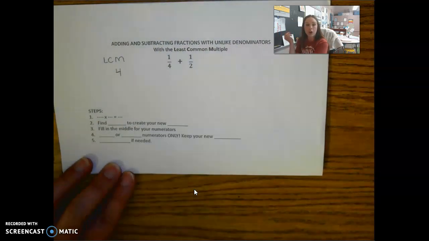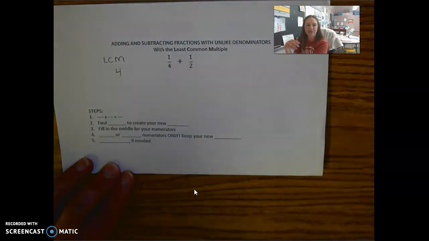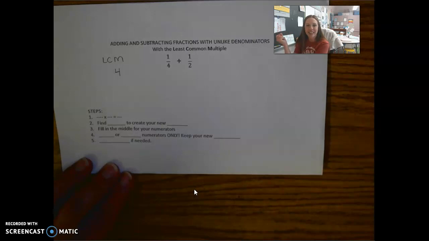My multiples of 4 are 4, 6, 8. Oh my goodness, I was listing multiples of 2. We're not doing our multiples of 2. We're listing our multiples of 4. 4, 8, 12, 16. Okay? There are an infinite number of multiples of 4, but let's just do our first 5.